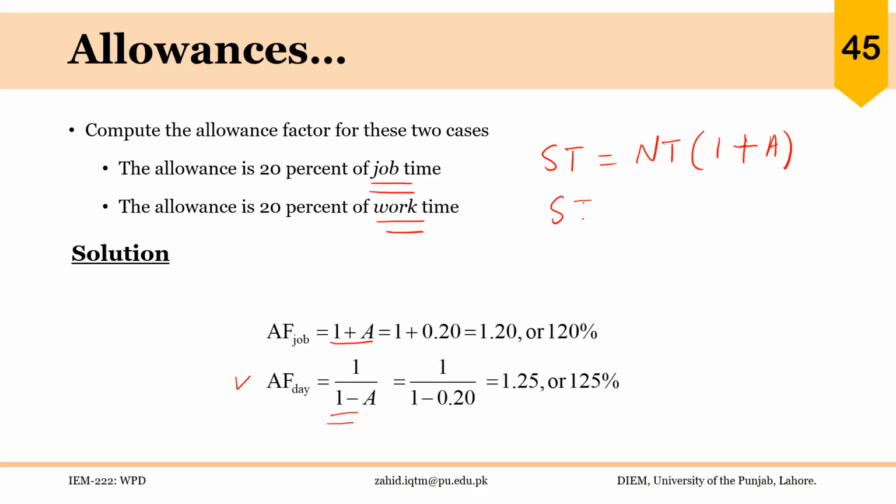If the allowance is as a percentage of work time, then the formula is normal time over 1 minus A.